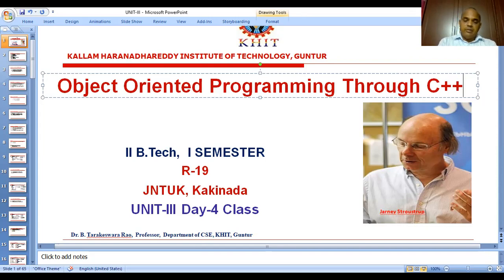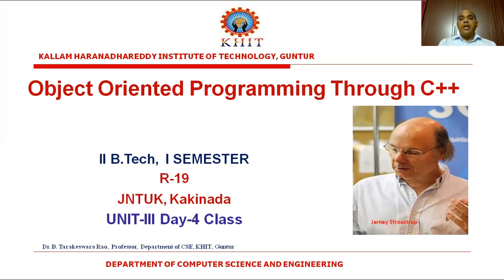But then there is a way. A new concept is introduced in C++ that is called friend. With the help of friend functions, those private and protected members in the class we can access outside the class.